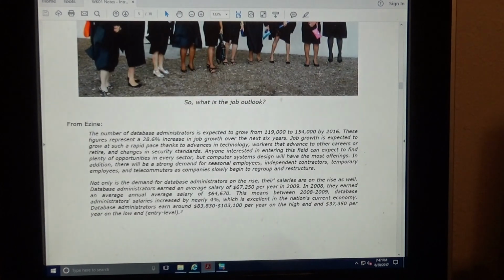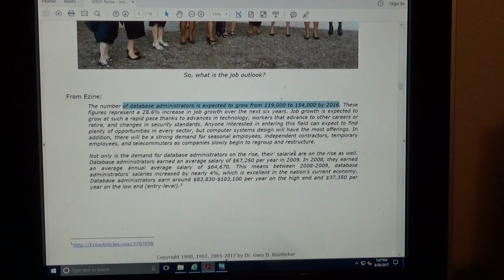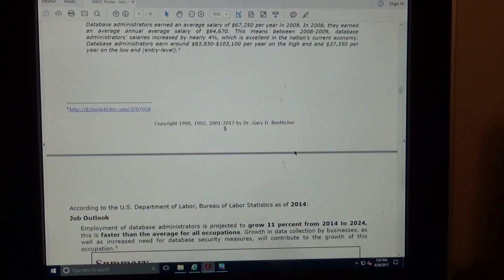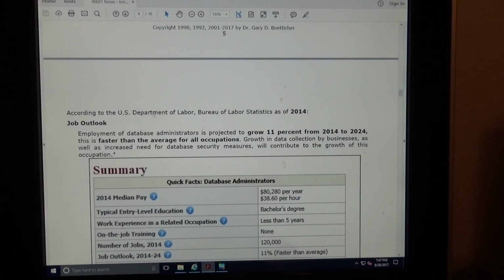A couple of articles I want to point out here. One is eZine. It says the number of database administrators is expected to grow from 119,000 to 154,000. Also, there are increases in salary. One of the most common places to go is the Bureau of Labor Statistics.